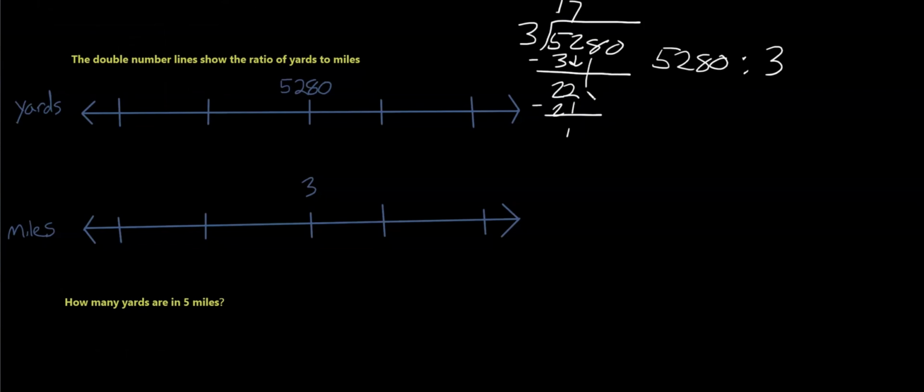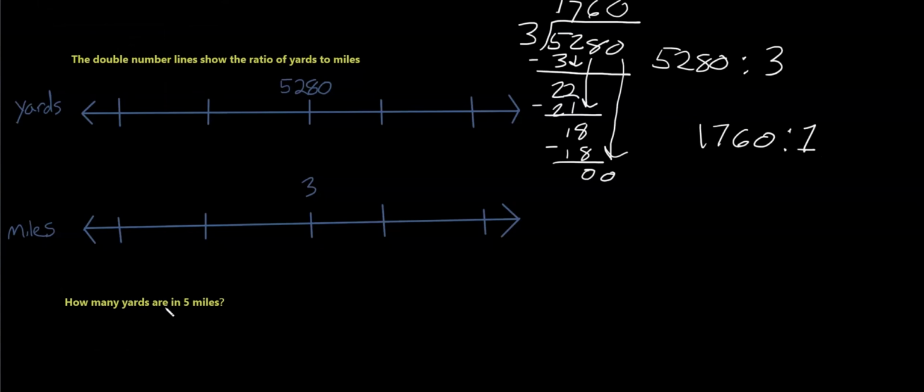We get 1, drop down this 8. 3 goes into 18 6 times. 3 times 6 is 18. Subtract that. We get 0. We can drop down this other 0 here, and 3 goes into 0 times. So the ratio is 1,760 yards to 1 mile.